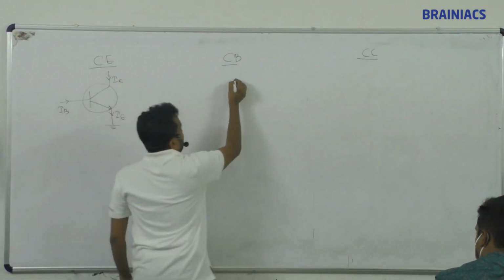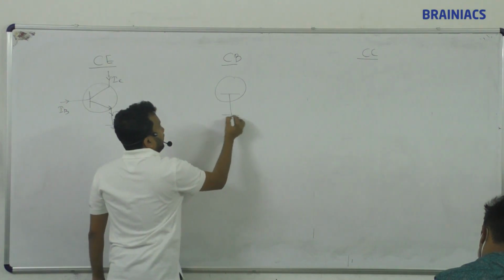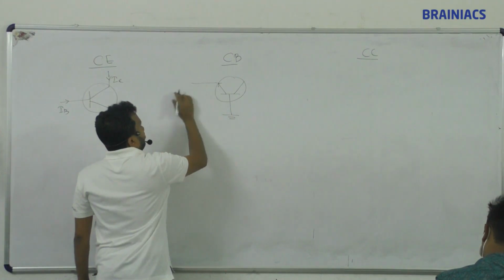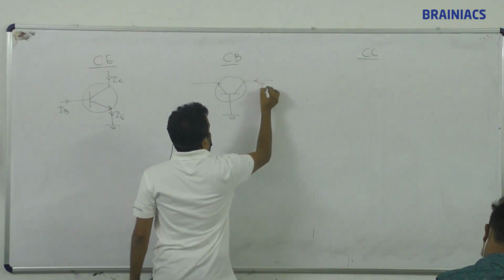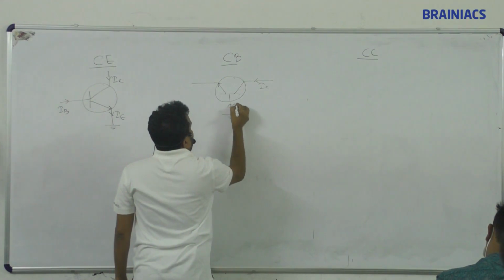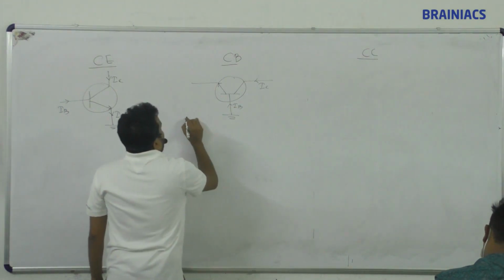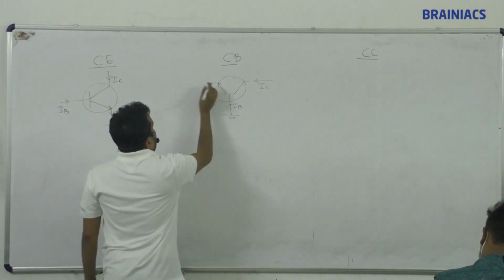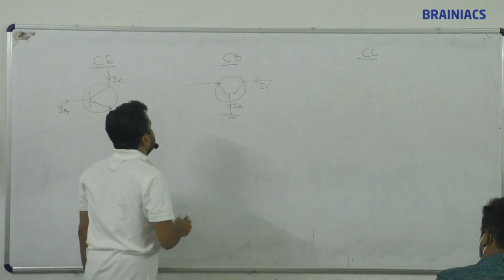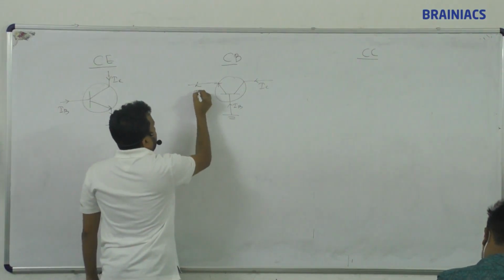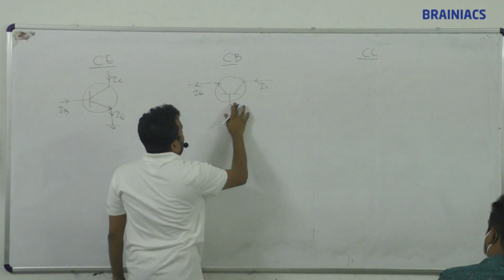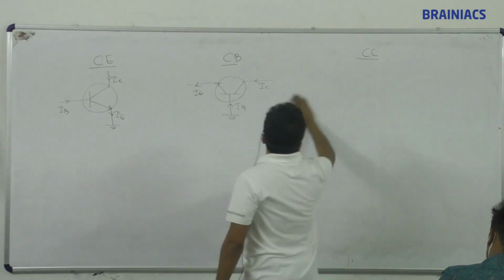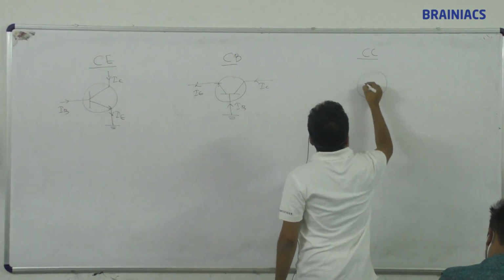In common base, the base is grounded, with emitter here and collector here. So IC and IB, and emitter. Base is grounded, common base. Next one is common collector.